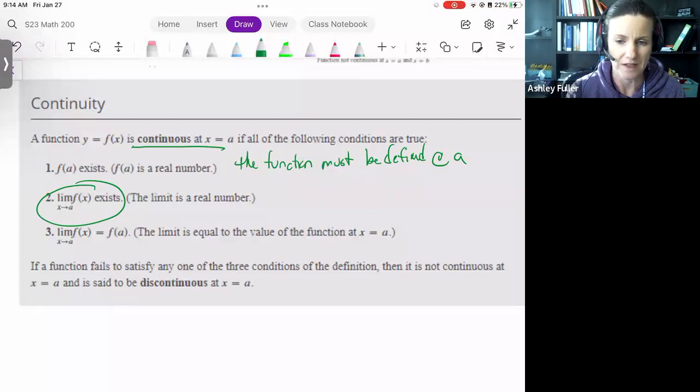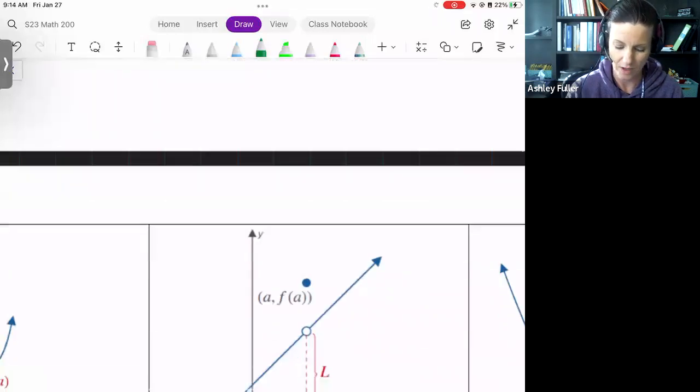It can't go to infinity. And the limit of f of x has to equal f of A. If it does not meet one of these three conditions, then it's not continuous at the point x equals A. So in order to show that a function is continuous, we must show all three of these criteria are true.